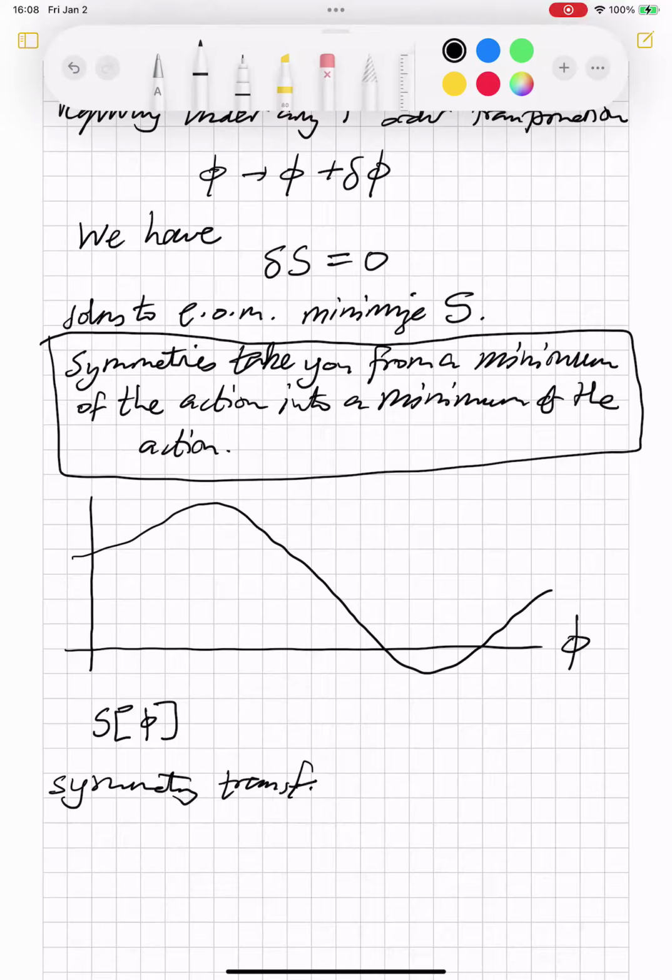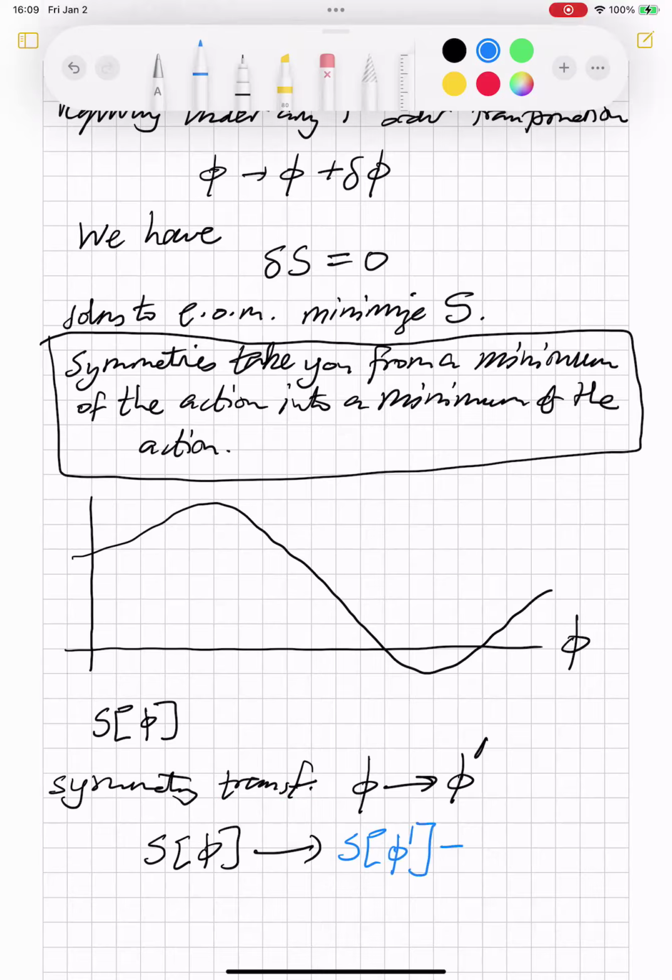And that symmetry transformation takes phi into phi primed. So I take my field phi, I perform a symmetry transformation, and I get the new field phi prime. Phi need not satisfy the equations of motion. I've just picked up an arbitrary field and performed the symmetry transformation. Under the symmetry transformation, S of phi would go into S evaluated at phi primed.